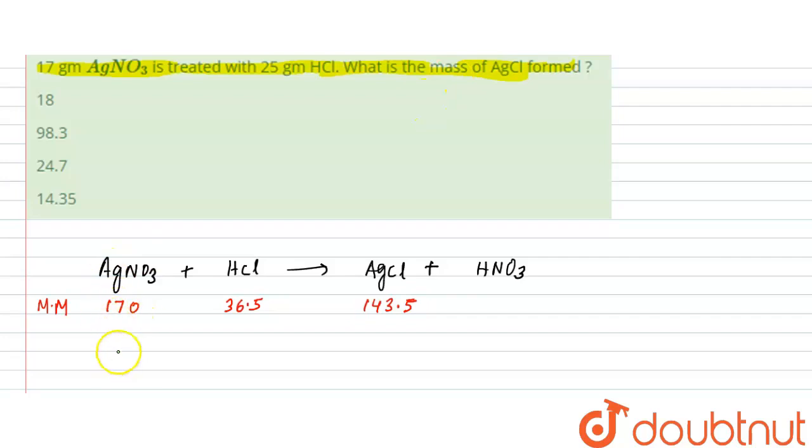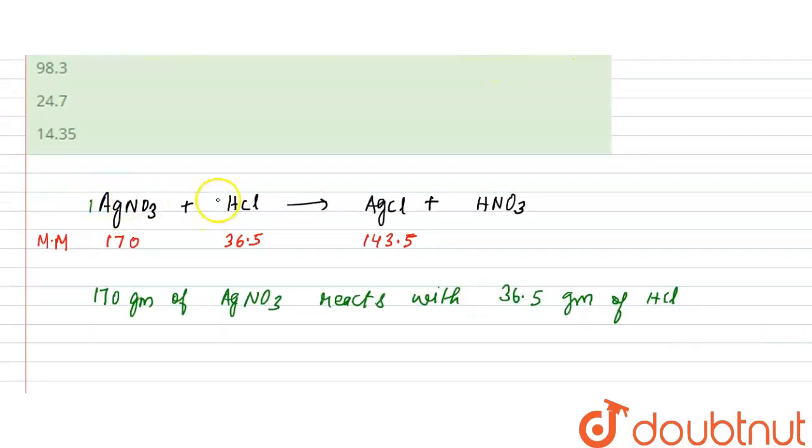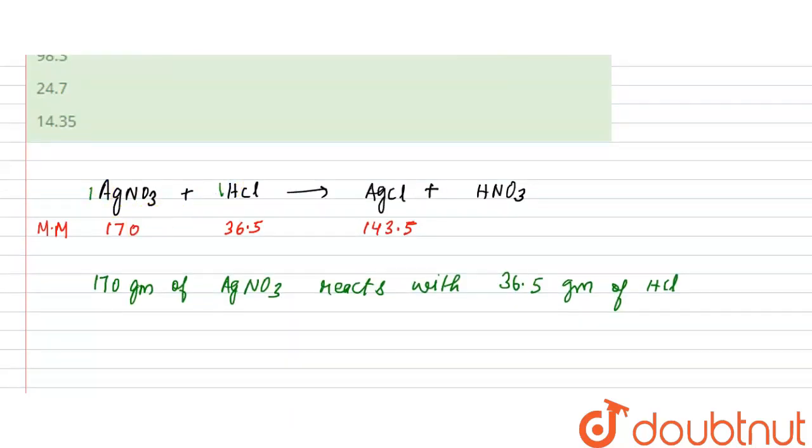Now you know that 170 gram of AgNO3 reacts with 36.5 of HCl, right? Because 1 mole of AgNO3 is reacting with 1 mole of HCl. It means 170 gram will react with 36.5 gram.